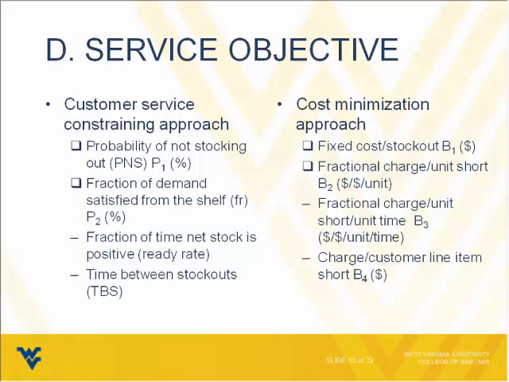For the cost minimization approach, we consider what is the fixed cost of a stockout. We say every time we stock out, this is how much it's going to cost us. Okay? And then we put that in the objective function. Or for each unit that we stock out, there is a certain stockout charge.